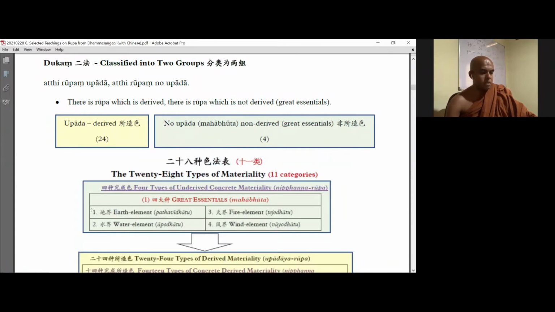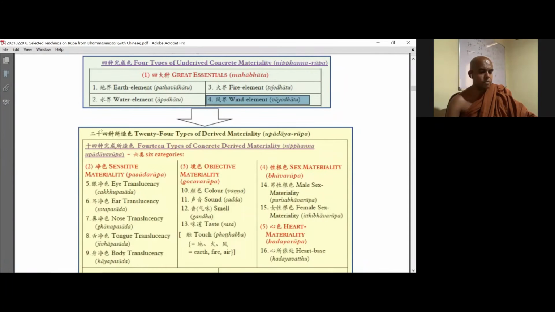Earth element, water element, fire element, and wind element, means Pathavi Dhatu, Apo Dhatu, Tejo Dhatu, and Vayo Dhatu. What are the Upada Rupa? There are 24 types of derived material, means Upada Rupa, Upada materiality.